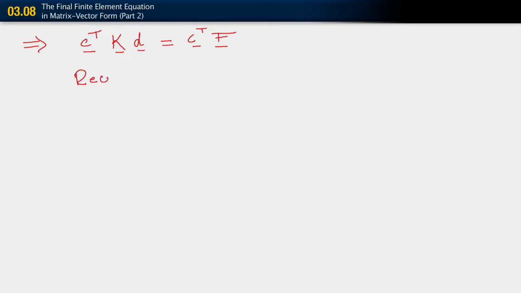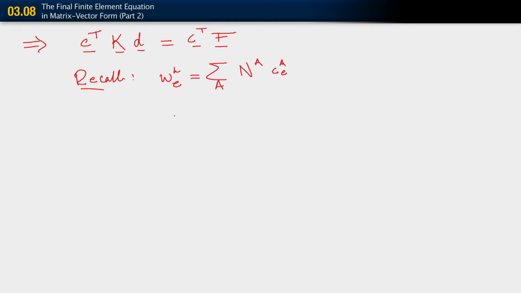So recall that in each element we had w^h of e equals the sum over A of N_A c_A^e, going back just briefly to our local element numbering system for the C degrees of freedom. Okay?